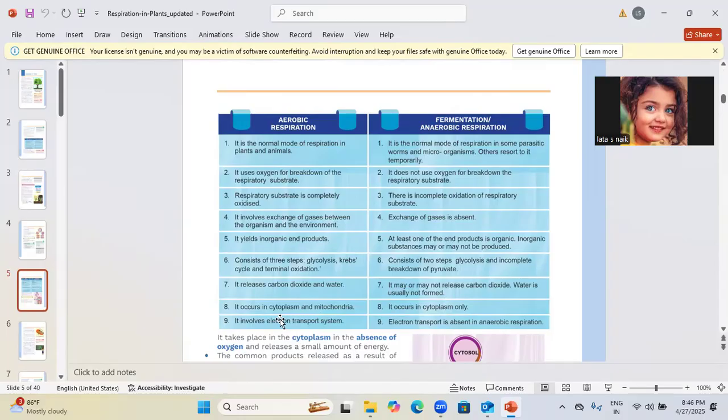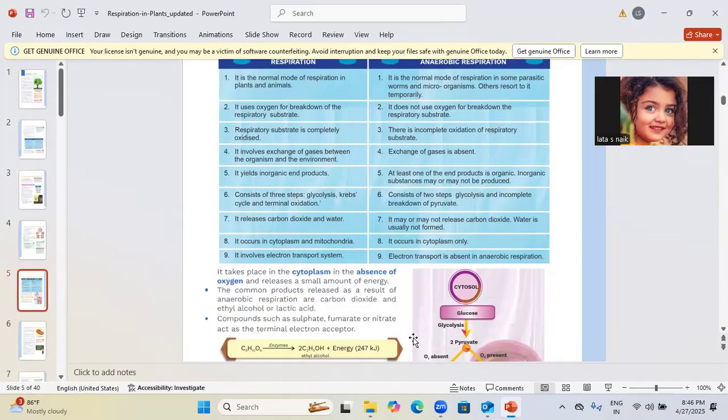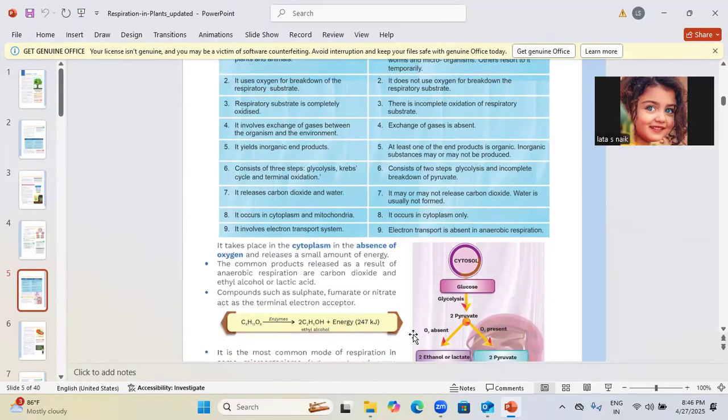Aerobic occurs in cytoplasm and mitochondria. The anaerobic occurs in cytoplasm only. Aerobic involves electron transport system, whereas electron transport is absent in anaerobic respiration. So it takes place in cytoplasm. Absence of oxygen releases a small amount of energy. The common products as a result of anaerobic respiration are carbon dioxide and ethanol or lactic acid.